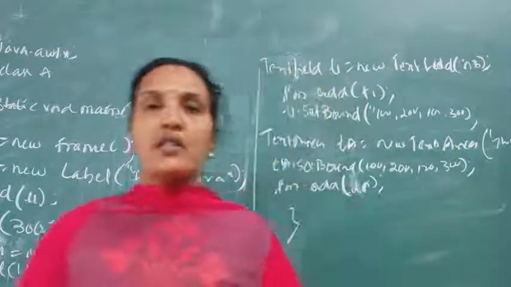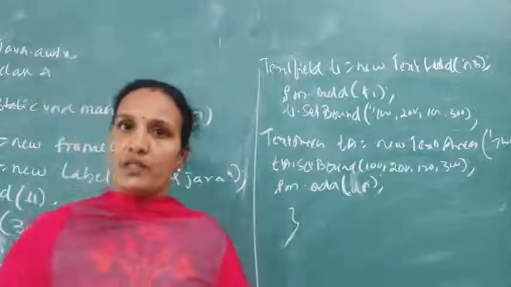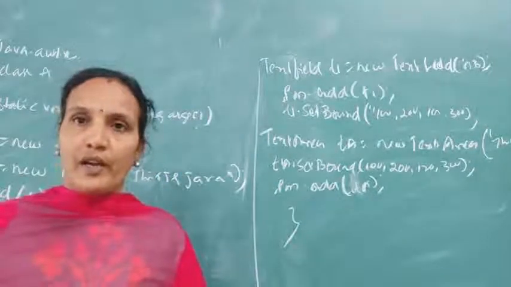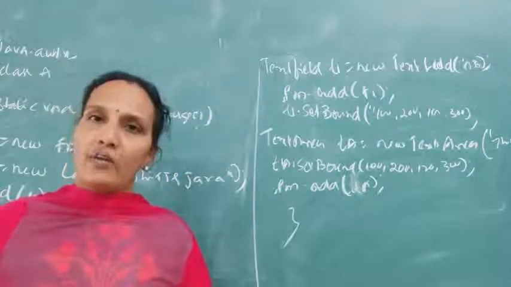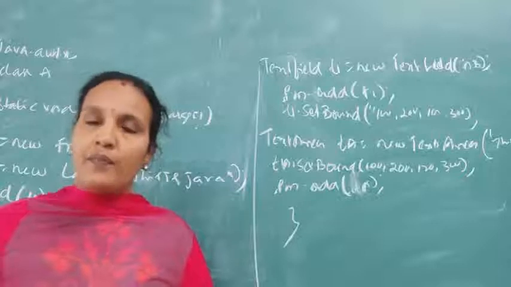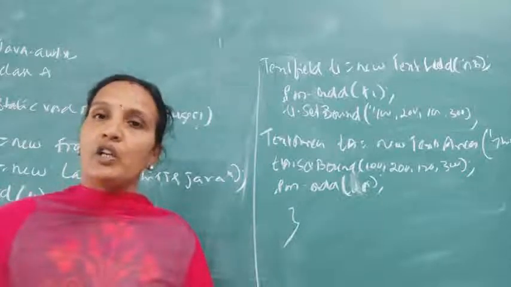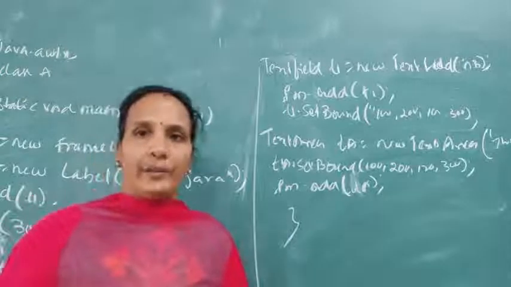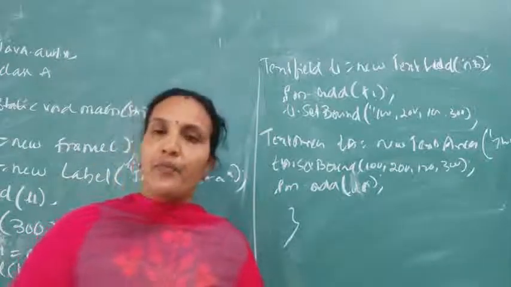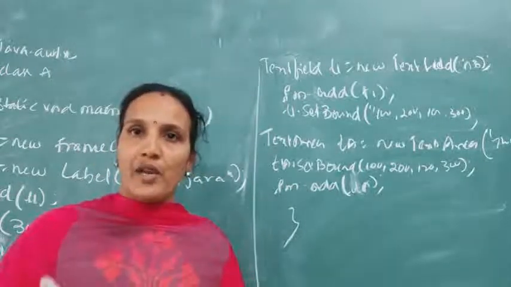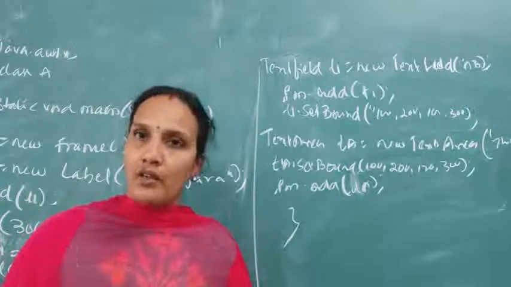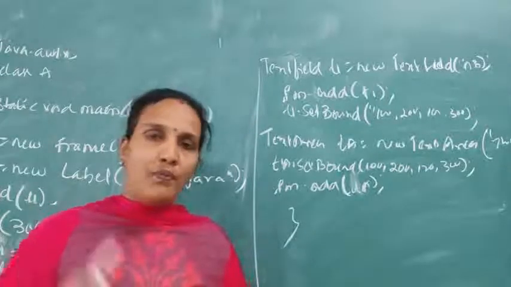Whatever components you want to add, for each and every component you need to create a frame object, and for all the components you need to create an object, and that object should be added to the frame. This is very, very important. First you should create an object for the frame. Next you should create objects for the components.